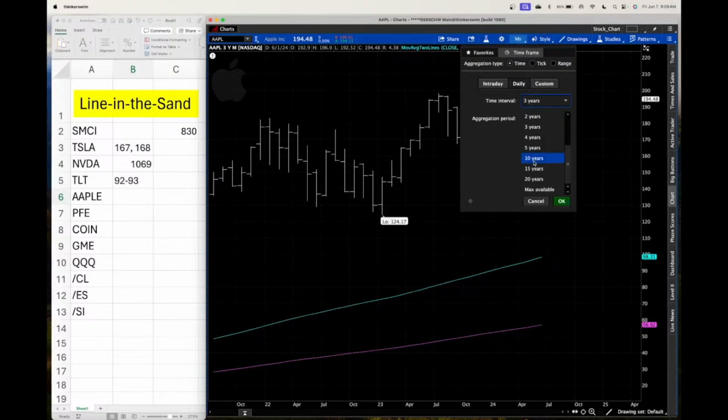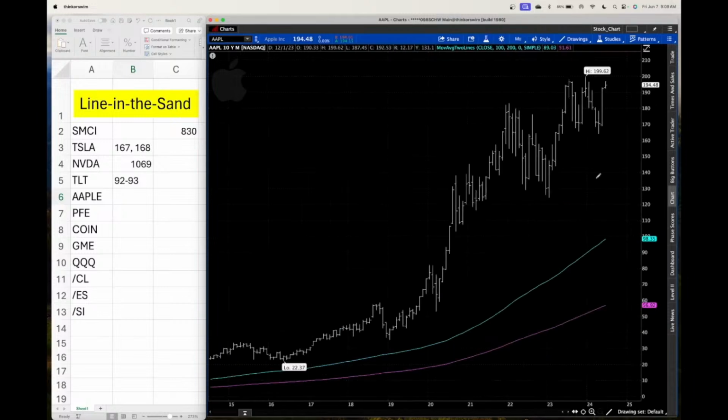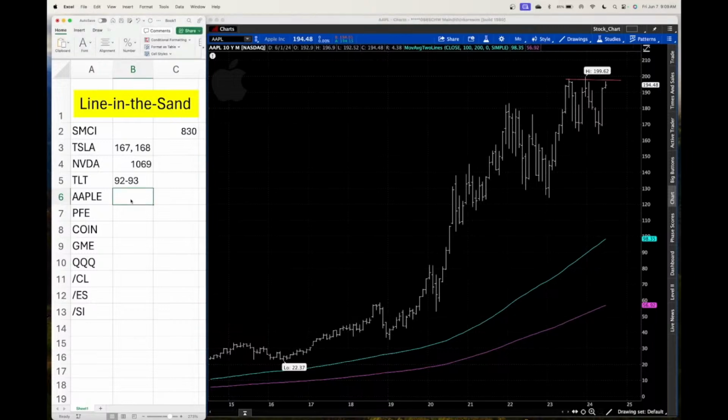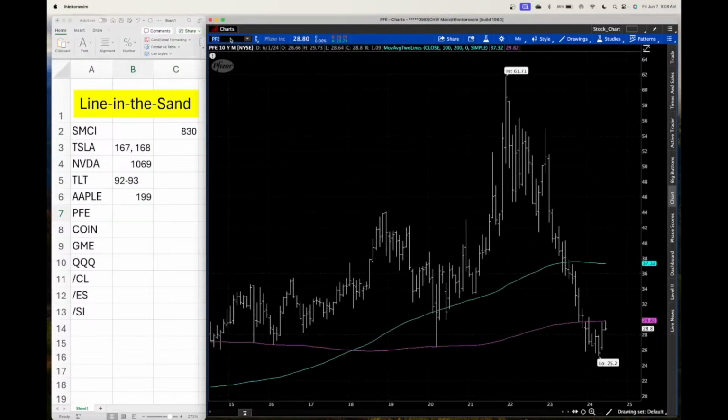If I look at a bigger picture on Apple, I think our line in the sand is pretty clear. Monthly highs, monthly lows have been the exact same thing. Look for Apple, 199 resistance. Above that is going to be major, major support.